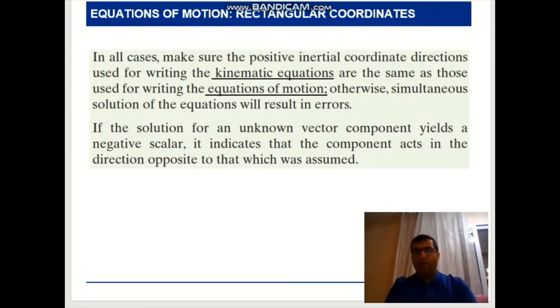So after all this, we just need to define our acceleration, position, velocity, and equation of motion. If the solution for an unknown vector component yields a negative scalar, it indicates that the component acts in the opposite direction.